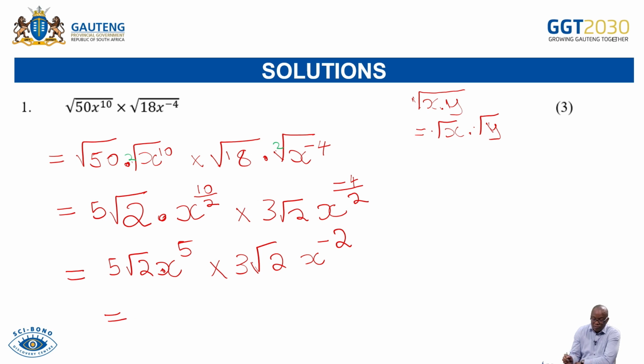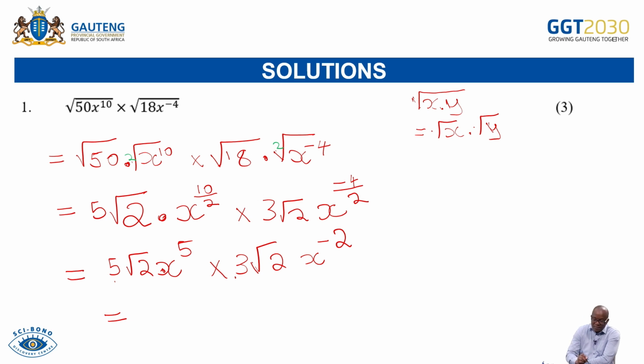Now you know that we are not adding but we are multiplying the two. Then you are going to first multiply your coefficients. So if you say 5 root of 2 multiplied by 3 root of 2, what you are going to do there is firstly multiply 5 and 3. 5 multiplied by 3 is 15.